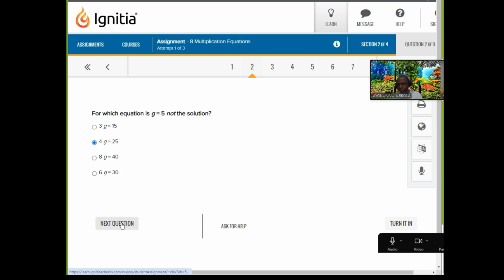Then the next one, we have to find the value of x that makes the equation true. 3 times what will give me 27, Miggy? 3 times what will give me 27?